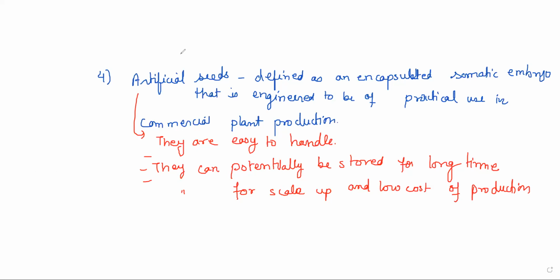And the fifth and the last one is the production of secondary metabolites. So we know that plants produce thousands of economically useful chemical molecules such as alkaloids, resins, tannins, and latex.